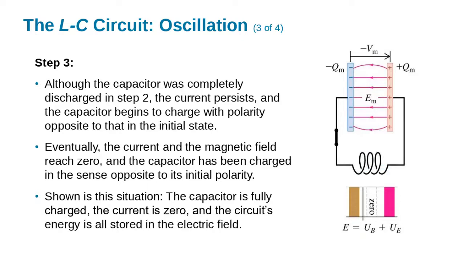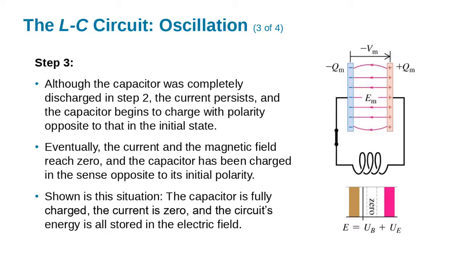Then, as we carry on in time, although the capacitor was completely discharged in the previous step, because of the way an inductor works, once the charge stops coming from the capacitor, the inductor is going to want to keep pushing the current in the same direction.